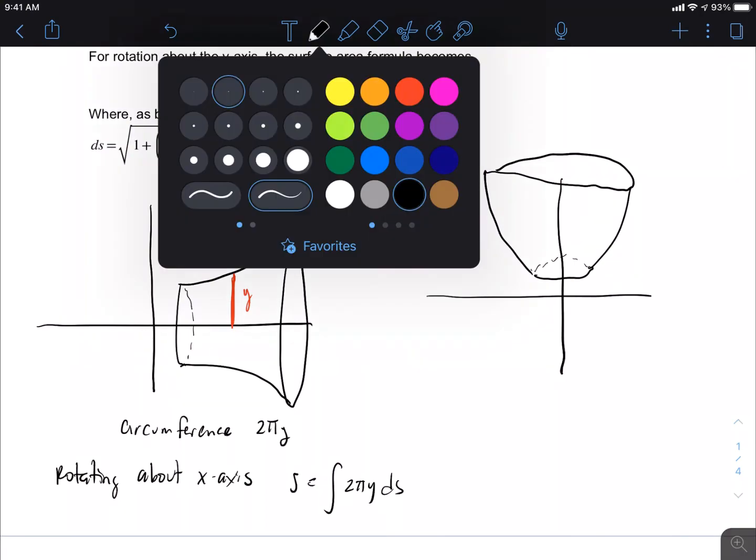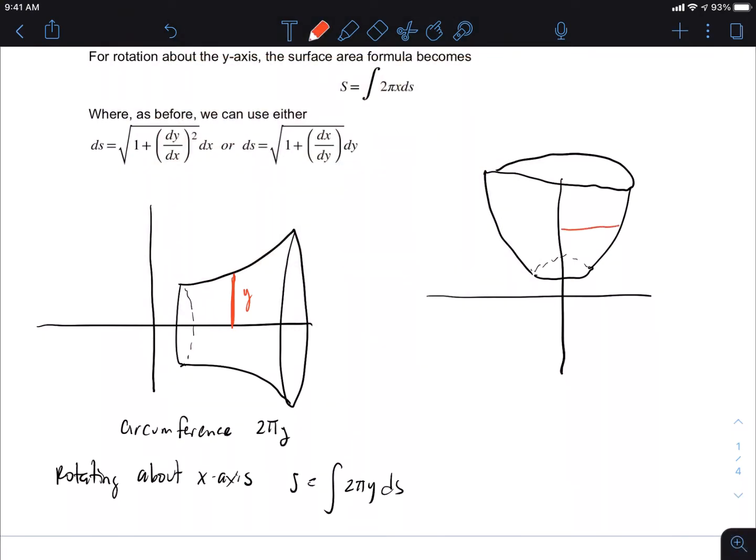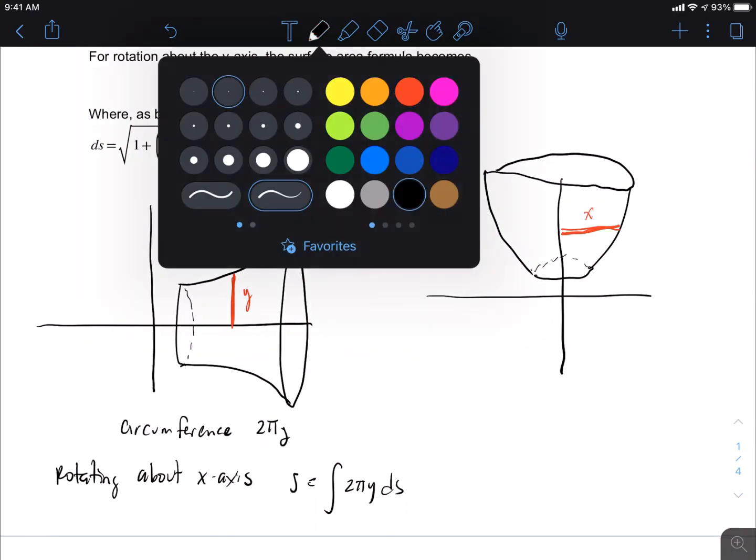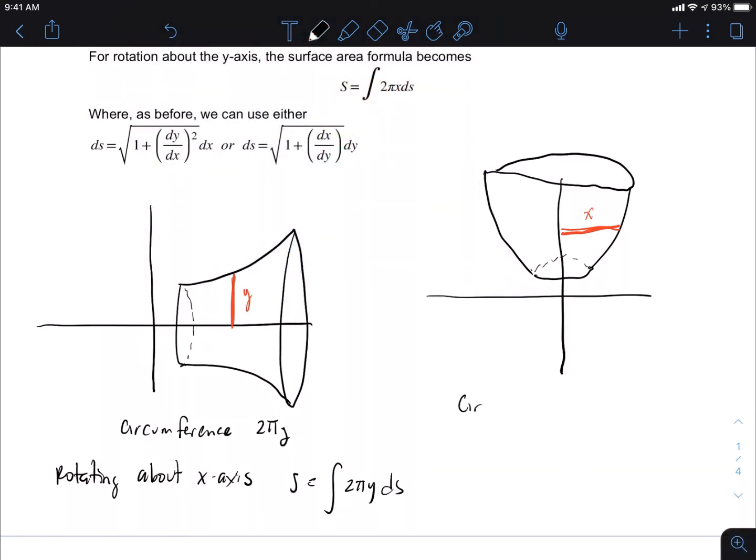Now here the radius is going to be this distance, correct? And so that radius is going to be x. And now my circumference here is going to be 2 pi x.